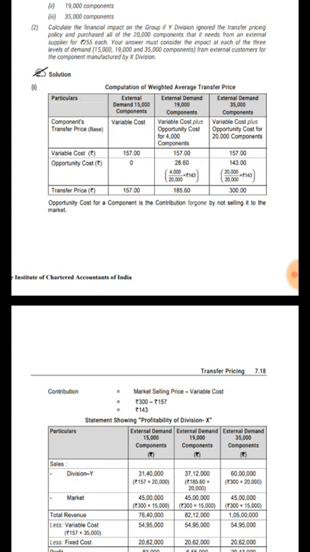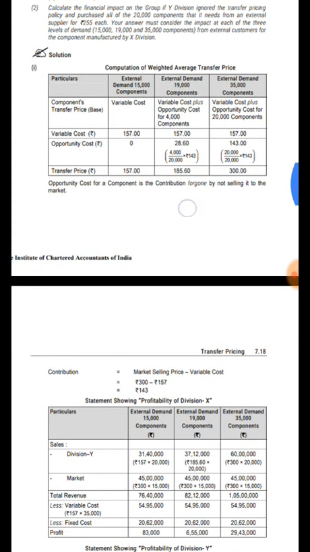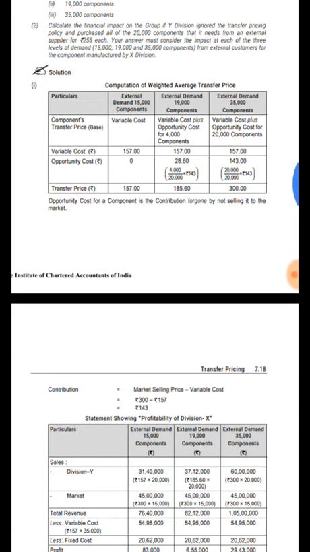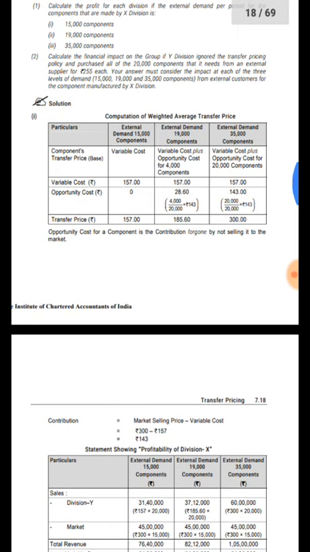So here transfer price is 157, here 185.60, here 300. Okay, why here 300? Because everything we are losing. So if we are transferring them, we'll transfer straight away at selling price.